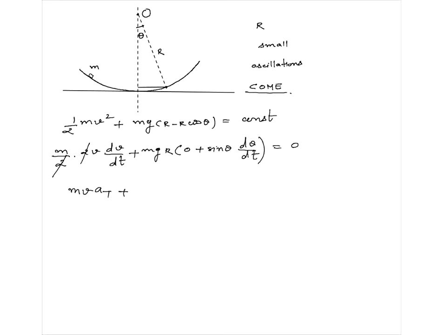Then mg r sin theta. What is d theta by dt? D theta by dt, not d omega by dt. Angular speed. Yes, but you know that omega problem in this topic. So we have been using big omega for angular speed in this topic, right? That big omega.